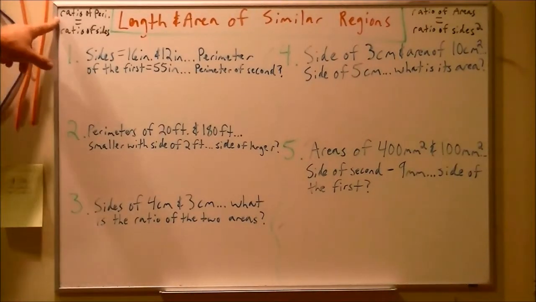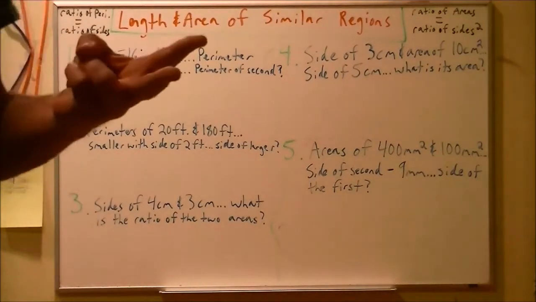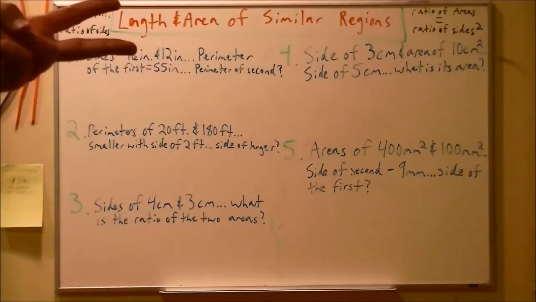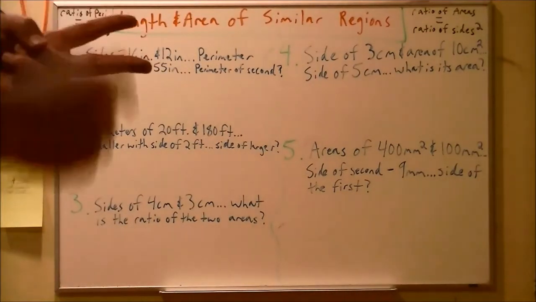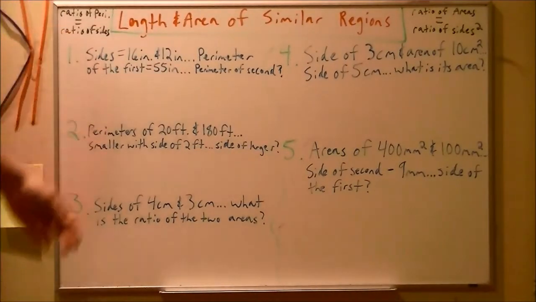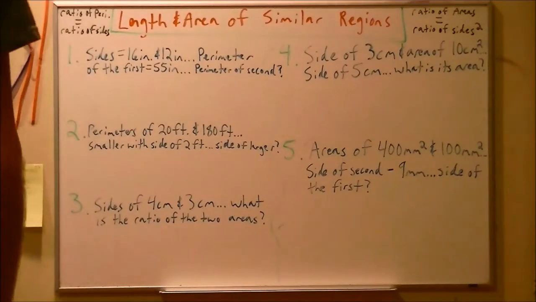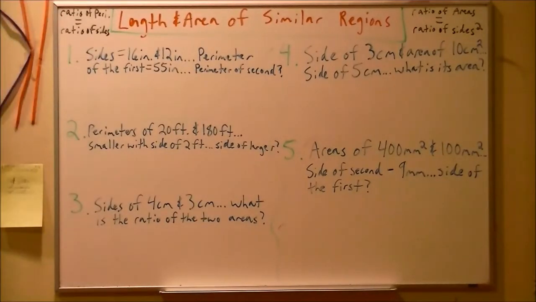All right, so our two important formulas. The ratio of perimeter, okay, you have two shapes, and so the perimeter of each one is going to be on that side, top and bottom respectively, set equal to the ratio of a certain side of each one of those shapes that's being considered.